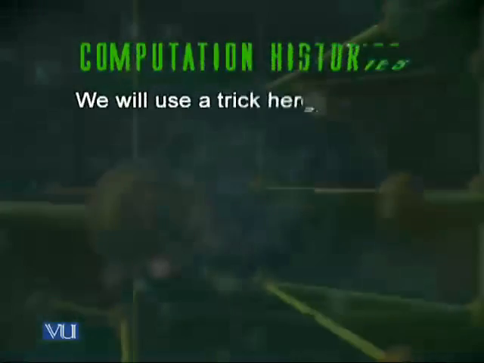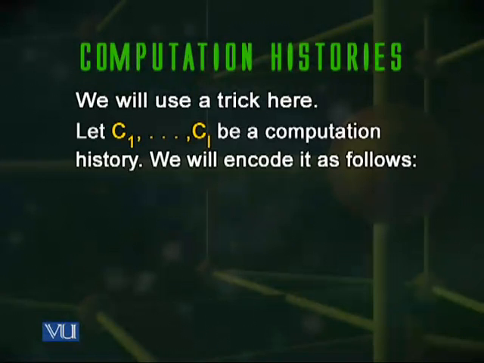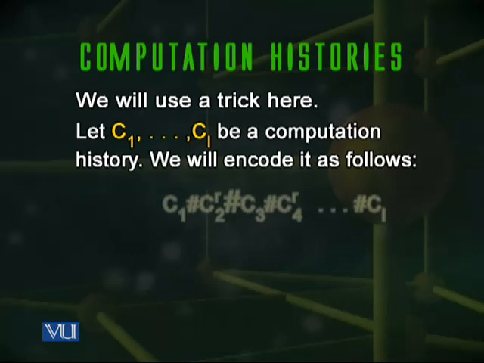Let's have a look. Here we will use a trick. Suppose you give me a computation history C1, C2 all the way up to CL. Now I will encode it differently. The first configuration will be written as it is, followed by the hash sign, but the second configuration will be written in reverse. The third one will be written as it is, and the fourth one would be reverse.